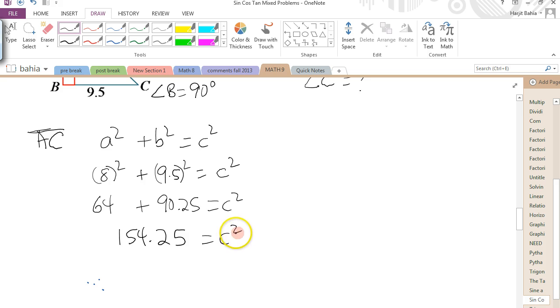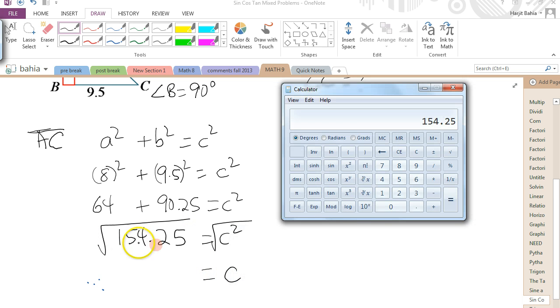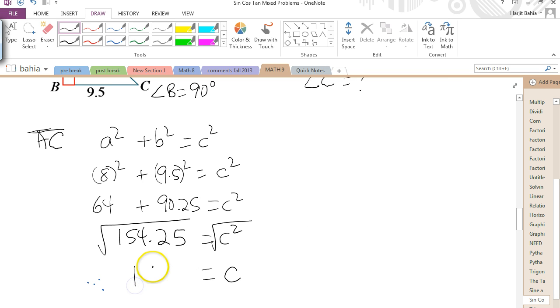Well, I want to get c by itself, being bugged by the squaring, the opposite is square root. Same to the other side. That gives us just c, and we take the square root of 154.25. Square root sign is right there. Boom. Two decimal places, 12.42. 12.42 is our missing side letter C. Now that we know that, let's use it and label it in our triangle.